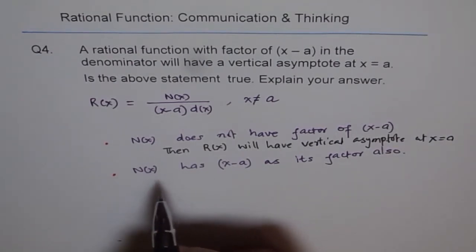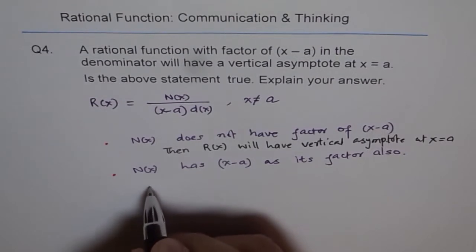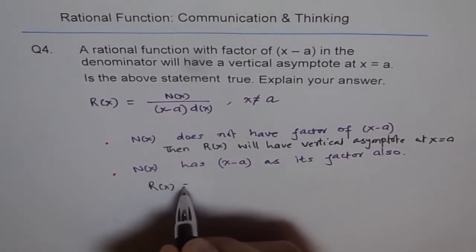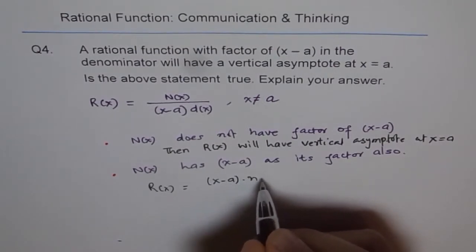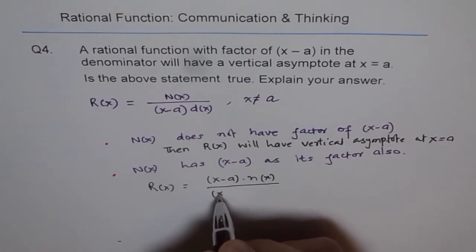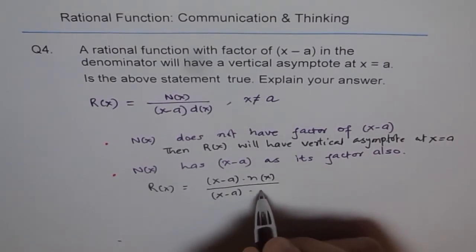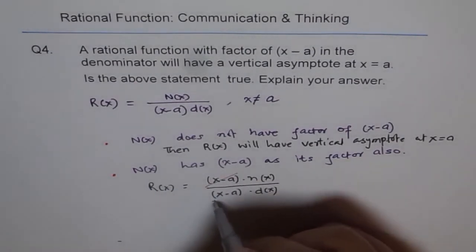But in case n of x has x minus a as its factor, then this function r of x could be written as x minus a times the other factor of n of x, over the denominator. Now in this case you can clearly see that they will cancel out, right?